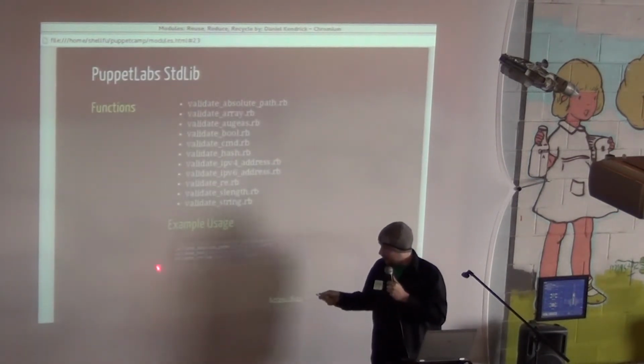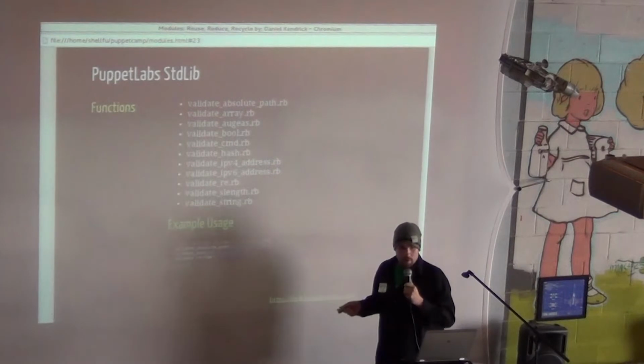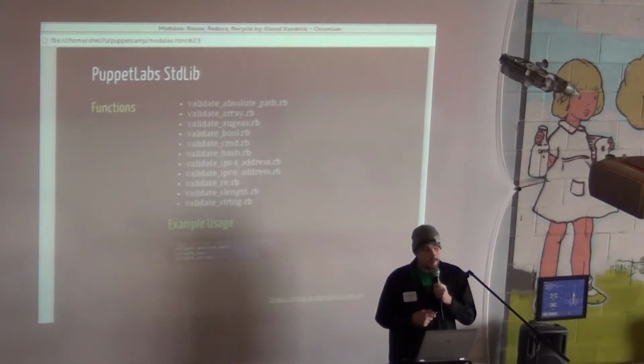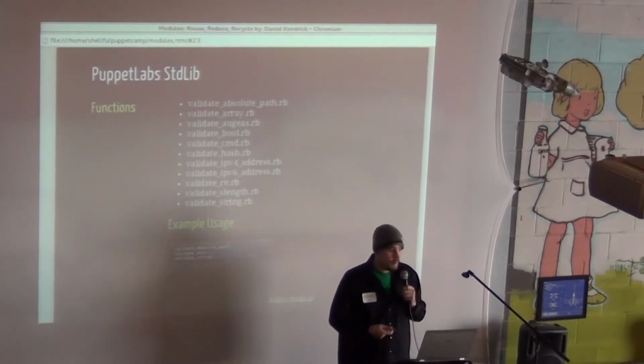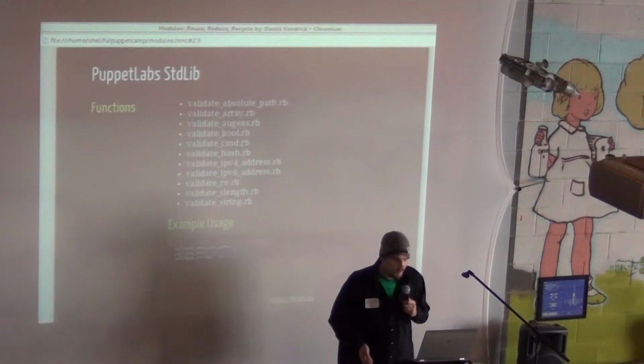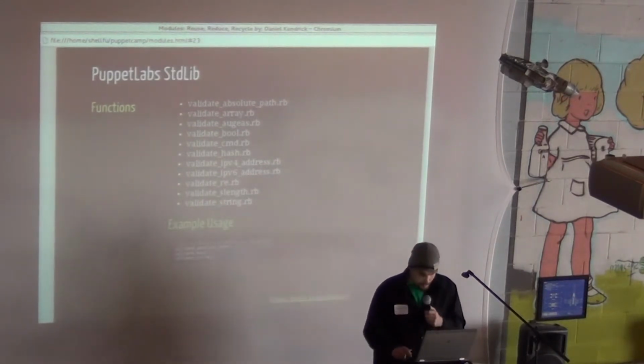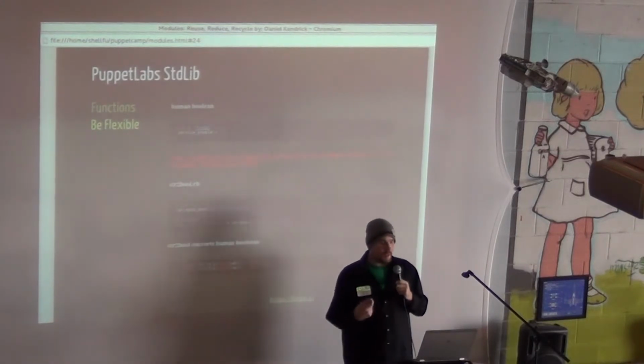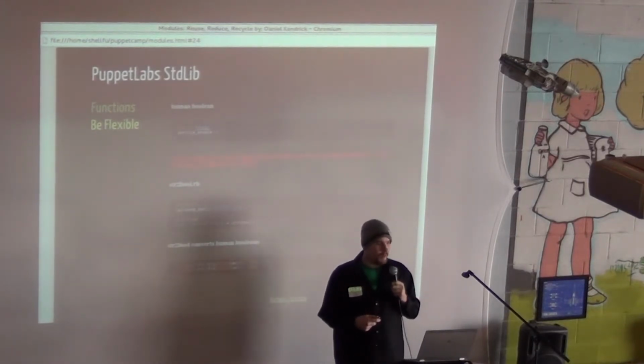So again, note that if you are using these, it will cause catalog failure. You will not be able to apply it, it'll just outright fail, which is probably what you want when you're validating. You want the user to know that, hey, this is not a Boolean, this is not a string, use one. However, I think you need to remain a little bit flexible in the way that you validate.